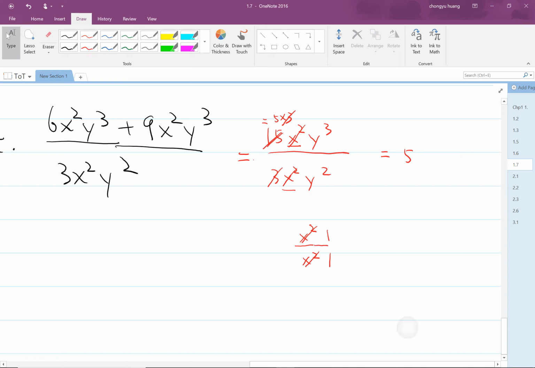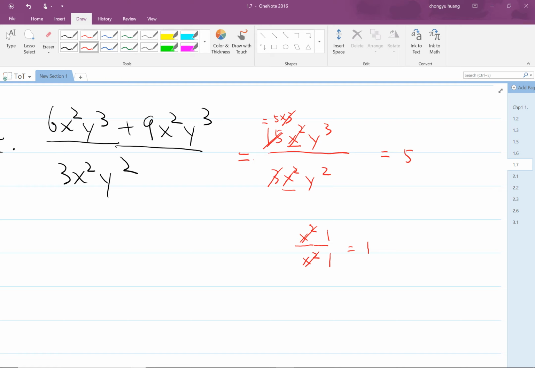And 1 multiplied by anything will be the same number, so that's why you are able to cancel it, right?